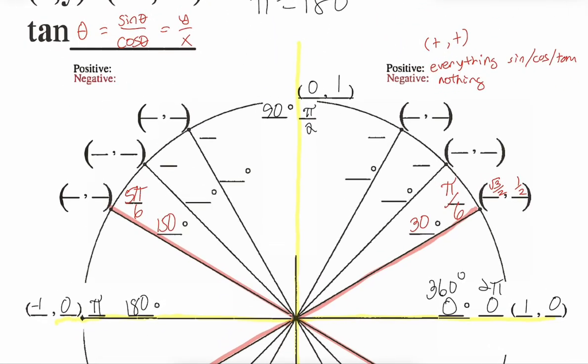But let's go over to our second quadrant. That is the negative positive quadrant. So in this particular case, the x value is negative, so our cosine is negative and our sine is positive. So tangent is sine over cosine, or y over x, so our tangent is also negative.